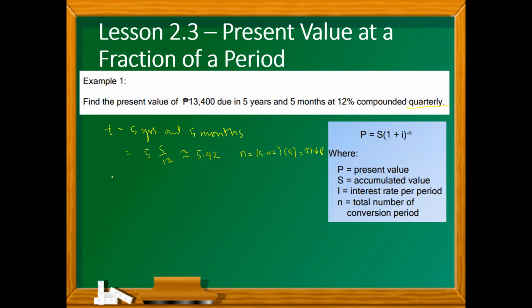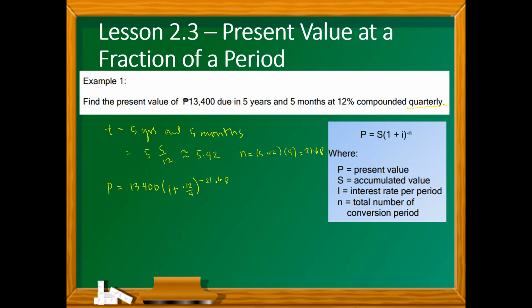And then we have P here equals 13,400 times quantity 1 plus, this is 0.12 all over 4, to the negative of n. So this is 21.68.